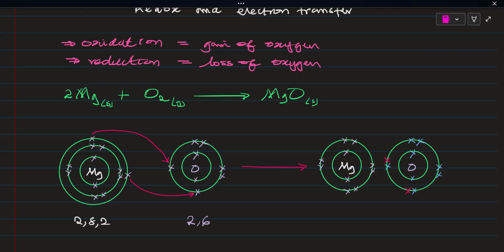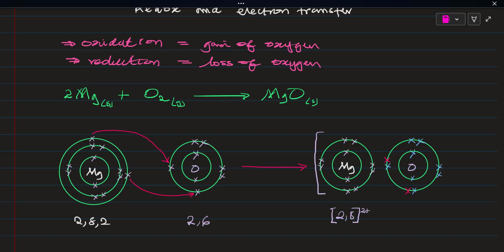Since magnesium has lost those 2 electrons, we don't need to put that last shell there again. To show that it is a magnesium ion, because magnesium has lost 2 electrons, the electron configuration is going to be 2, 8. It has lost 2 electrons, so we have 2 plus here, and then we put the bracket.